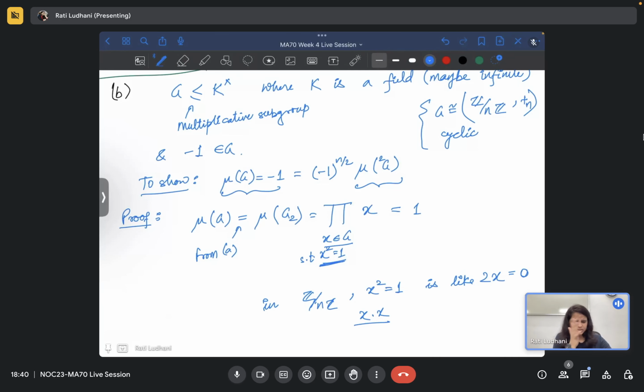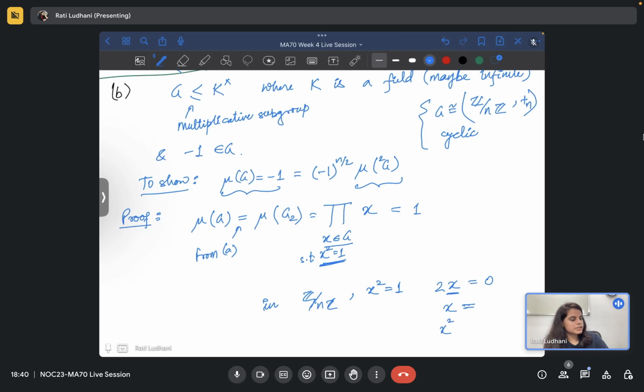Oh, okay. So this is based on the map. So I should not say it like this. If you take 2x is equal to 0, right. So 2x is equal to 0, and so x could be, what shall I say, -1.